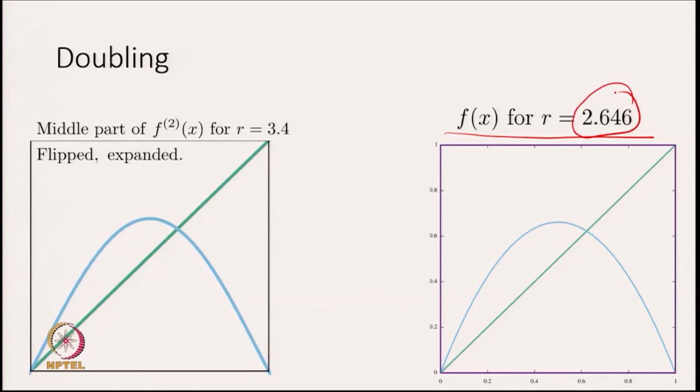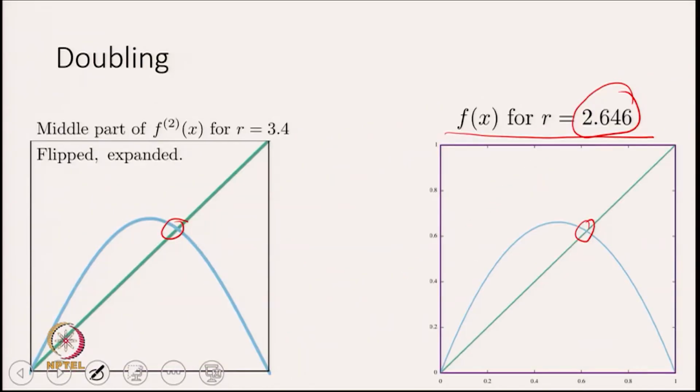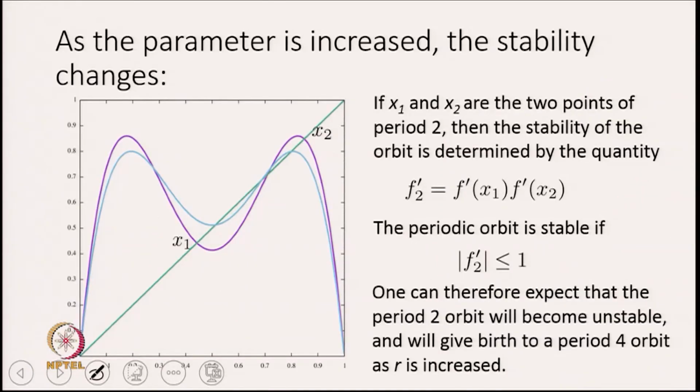So if you look for some point in r where the intersection is on this side, this is where that intersection looks to be located. When you look at the map, turn it around, expand it, it looks like the same map at another value of r.